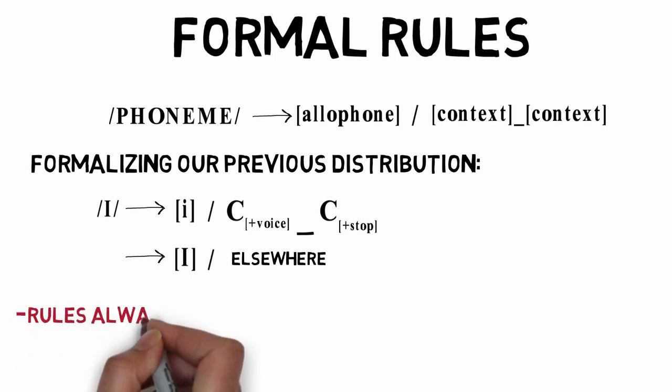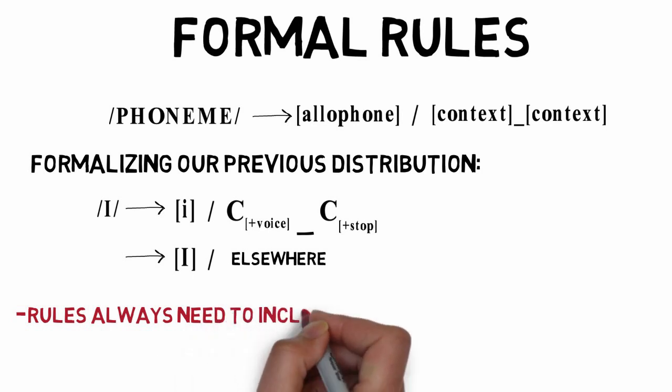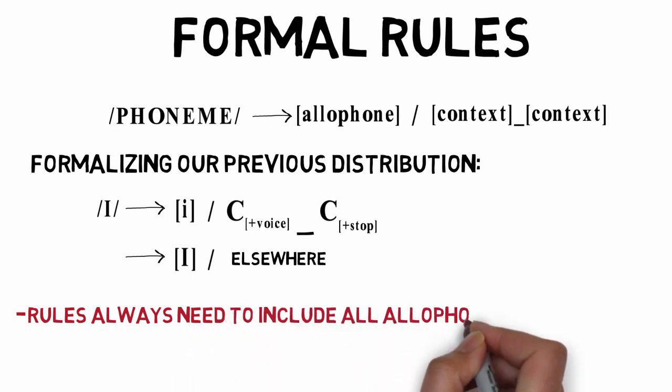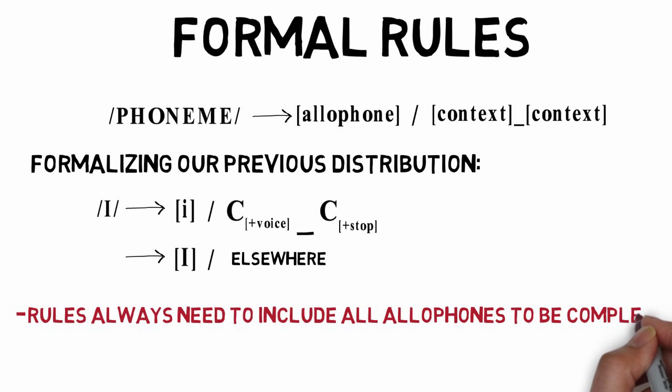Without including all of the rules explaining every allophone for a given phoneme, our phonological rule is not complete. If you were on a test and you forgot to put the elsewhere case, you would not receive full marks for that question. So it's very important to always remember to tell where the elsewhere case is happening. Your phonological rule is not complete if you are not giving an elsewhere case.